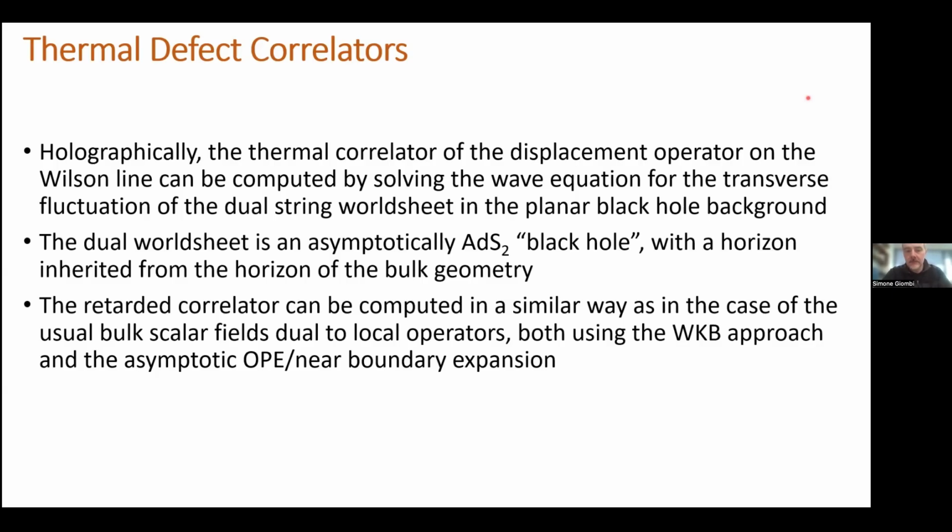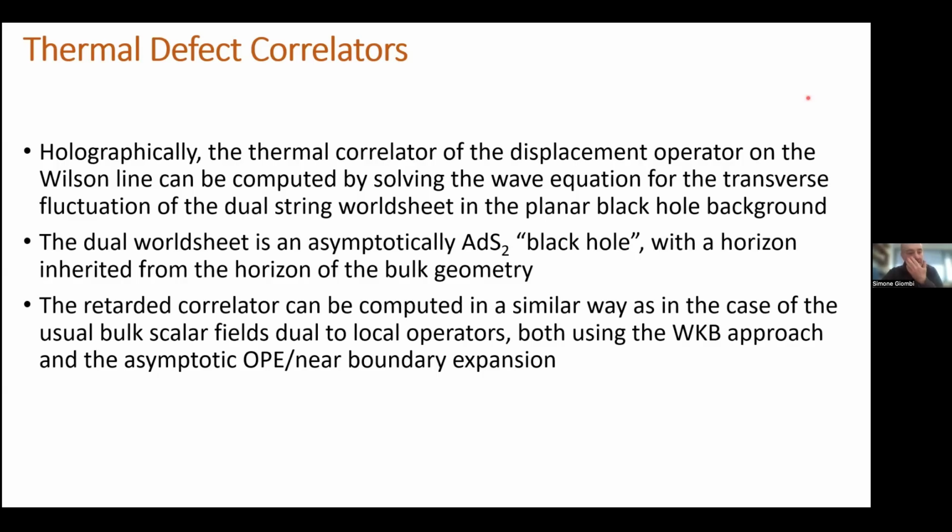And the dual worldsheet is basically just an AdS2, asymptotic AdS2 subspace of the planar black hole background. It's just a worldsheet that extends along the time and radial direction. So the geometry of that worldsheet is itself some kind of black hole, in the sense that it has a horizon which is just inherited from the bulk geometry.